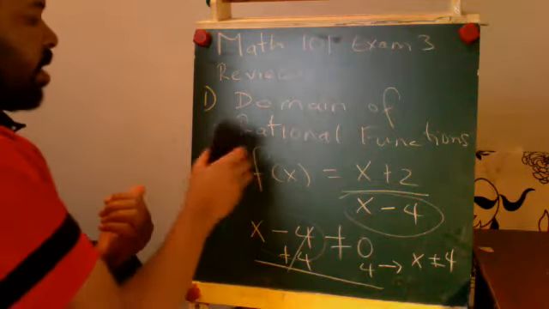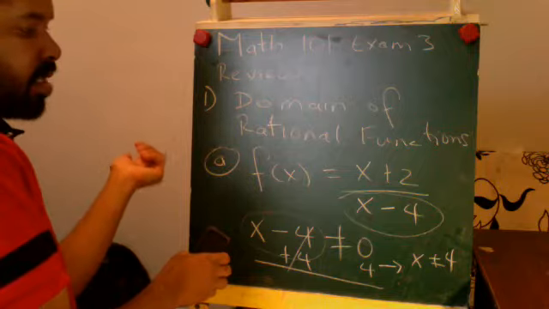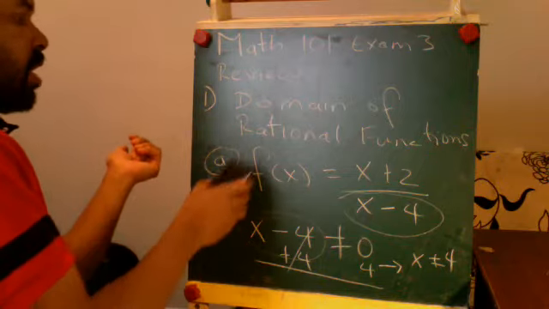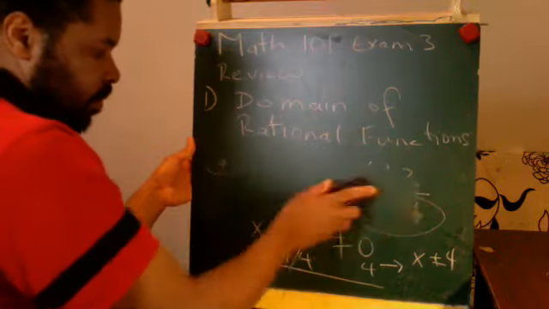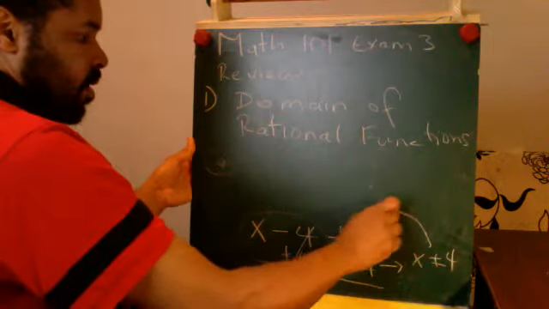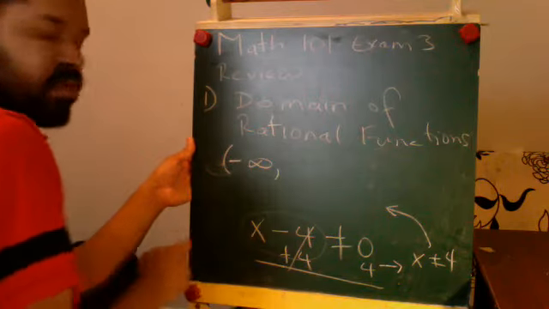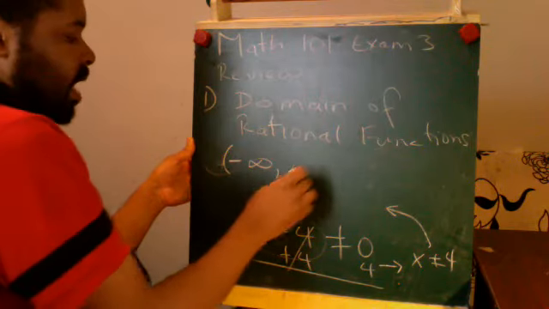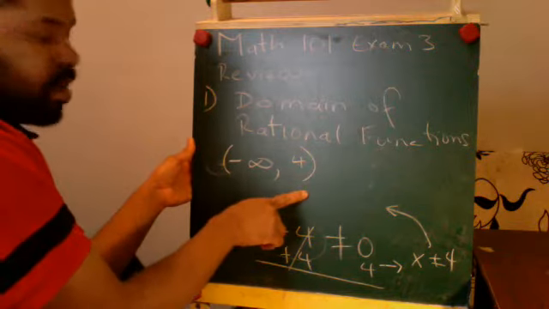But how do you write this in interval notation? You would write x not being equal to 4 as: you start out from negative infinity and go up to 4, and you do not include 4.